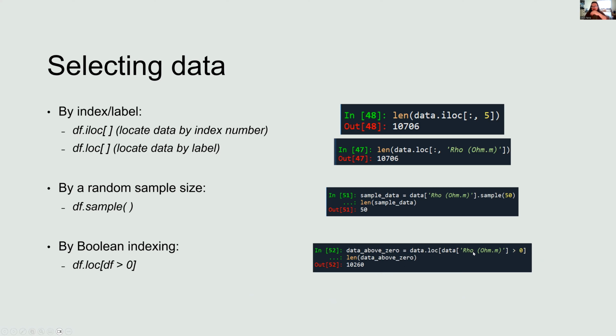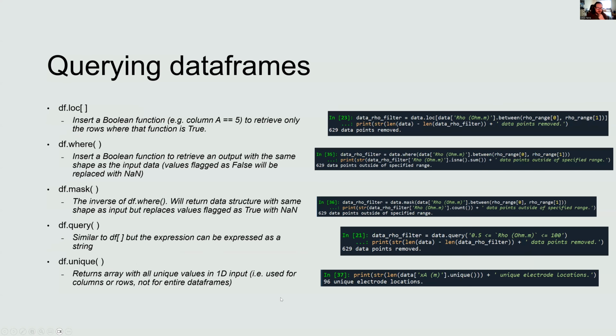If you look at the length of that, you see that it did remove about 440 points that were below 0. There are a wide variety of Boolean relationships you can use to select specific data points from your data frame. So it is a very handy tool in that sense.